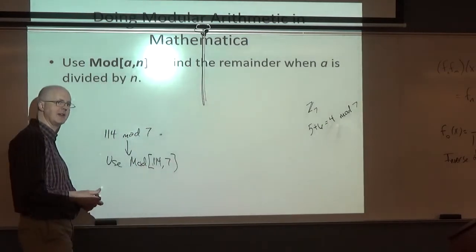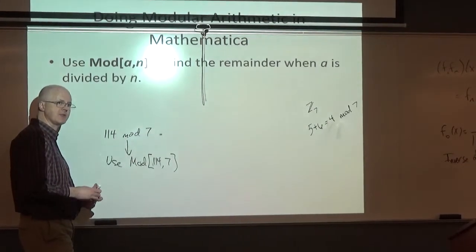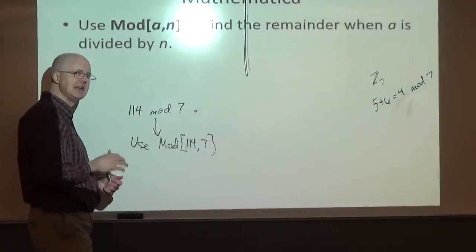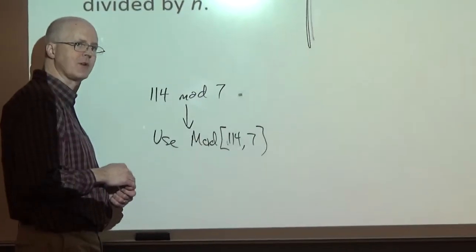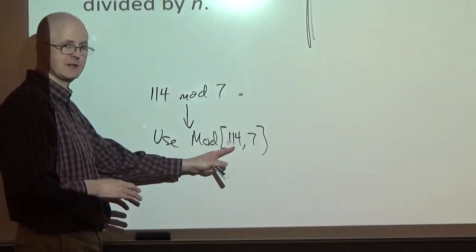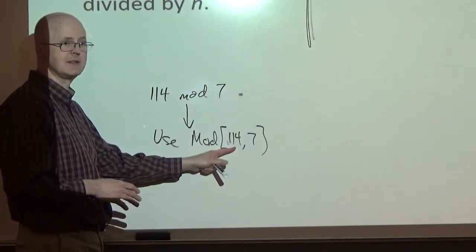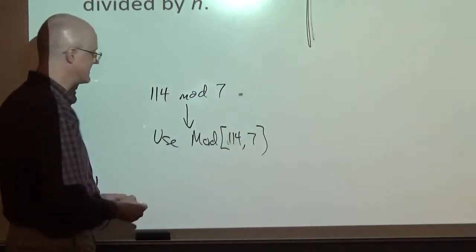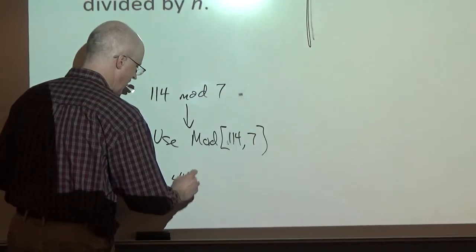See if I can do that in my head. What's the remainder when you divide 114 by 7? Well, 7 goes evenly into 70. What's left over from 70 would then be 44. 70 plus 44 is 114. So this is going to be the same as doing 44 mod 7, which is a little easier to think about.